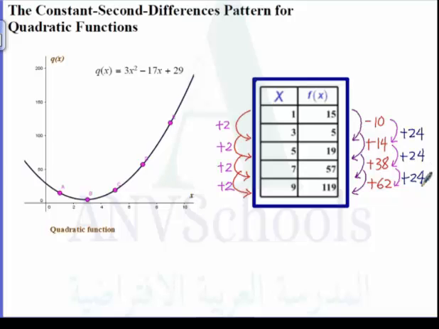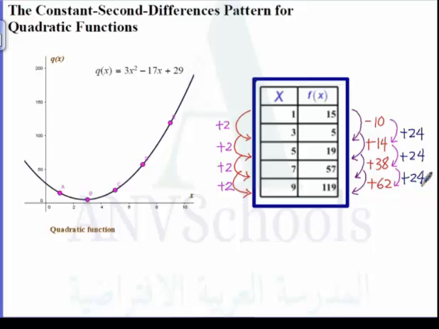Now we have a pattern. We saw that for every shift in the first difference from negative 10 to 14 to 38 to 62, now we could see a clear pattern for the second difference, which is an addition of 24 units for every succeeding value for f of x.